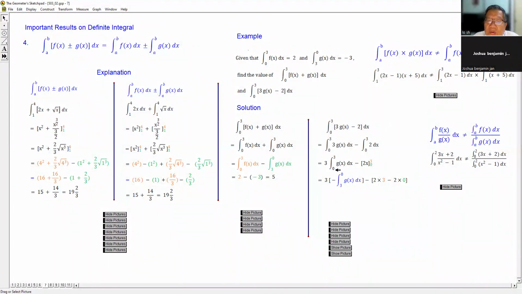By changing 0 3 to 3 0, I have to put a negative sign in front. Over here, I proceed as usual, substitute the first number first, second number second. And also note that there is a negative sign in front of the whole thing.